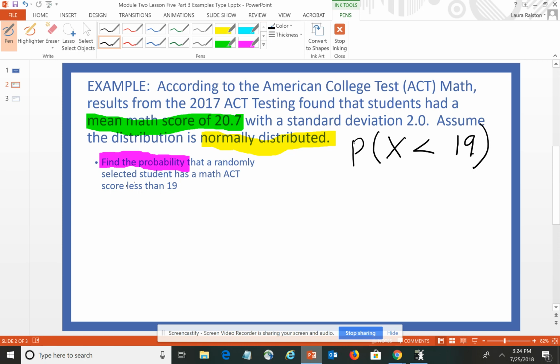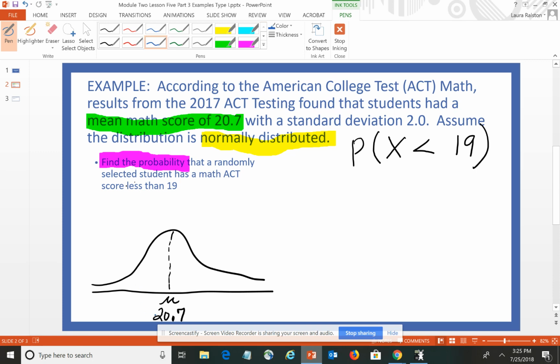It'll also help you if you'll draw a picture of what's going on with this distribution. So we're going to draw our horizontal axis, our bell-shaped curve with the mean in the middle, which we know to be 20.7. Our point of interest in this problem is 19.